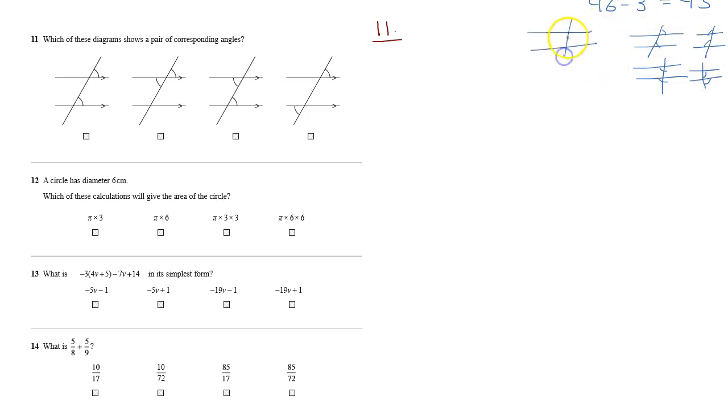For example, this first pair, this second pair, this third pair, and this fourth pair. So these are the 4 pairs.